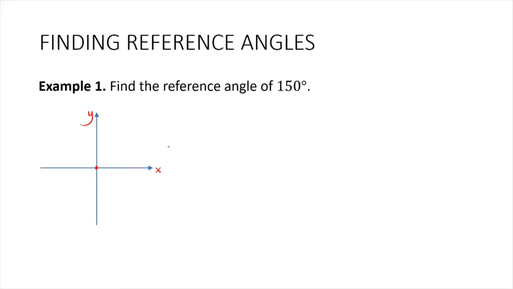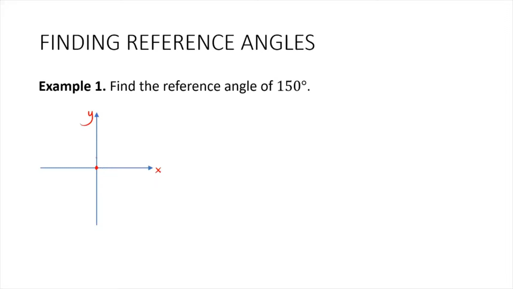Before we continue, it is important that we take note of the values of the quadrantal angles. The quadrantal angles are those angles where the terminal side coincides with either the x-axis or the y-axis. Initially we have 0 degrees or 0 radians. Going counterclockwise, we get 90 degrees at the positive y-axis, or the right angle.